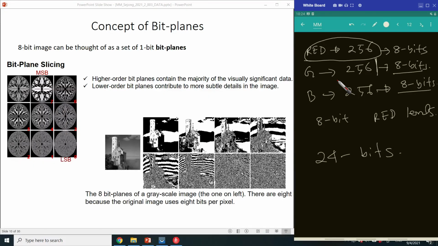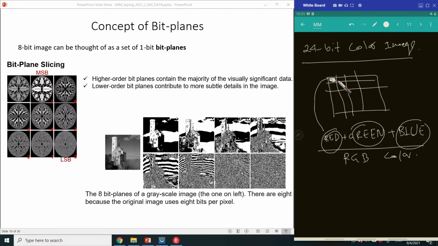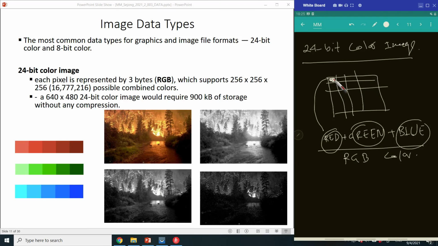So that we try to show here: for these pixels, we now need 3 bytes of information. This is 1 byte, this is 1 byte, this is 1 byte; this may be red, this is green, and this is for blue information. So now you see the calculations are very simple.